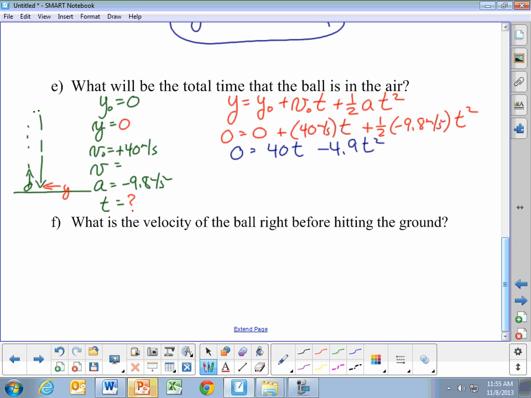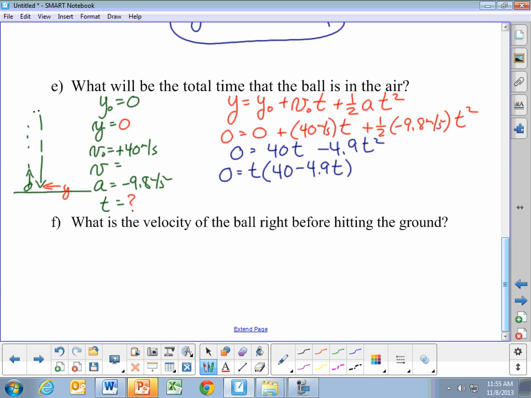And so to solve this, because we have a 0 on one side of the equal sign, and everything on the right side has a t in it, I can factor out a t. So I have 0 equals the quantity t times 40 minus 4.9t. Again, this only works if you have a 0 on one side of the equal sign, because 0 times anything is 0.